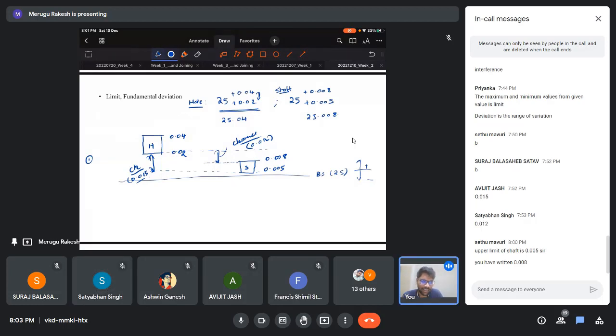No, it doesn't make any difference. Sir, why are we considering 0.015 as a clearance? Yeah, that is what I am also wondering, because that is the maximum clearance. No sir, the maximum clearance will be 0.035. Yes, that's true, this is the maximum clearance.